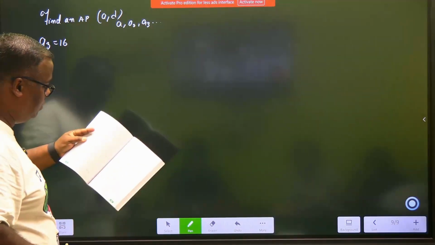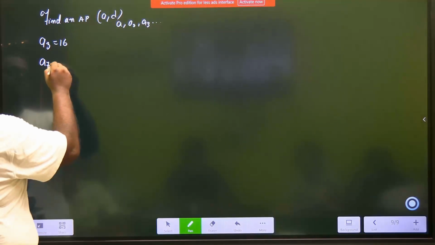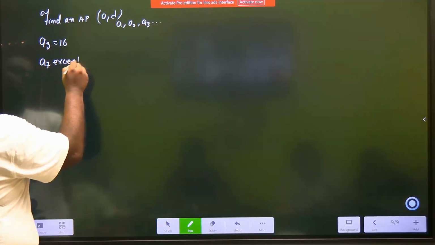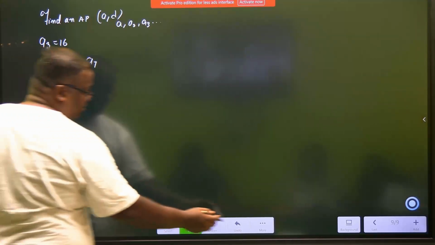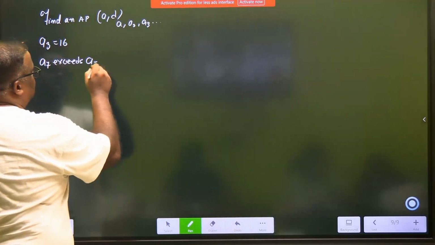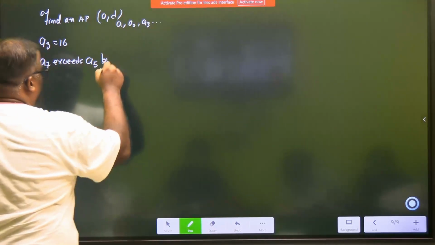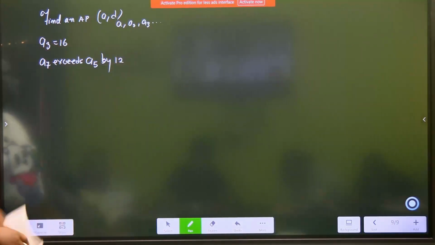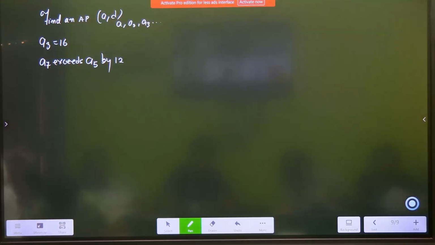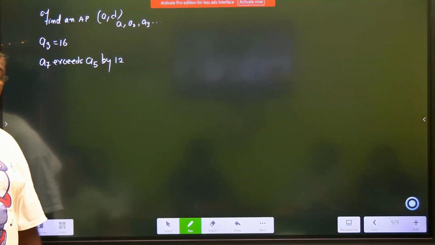I'll write the language: the seventh term exceeds the fifth term by 12. What do you mean by this? Seventh term exceeds, meaning the seventh term is bigger, so here the D will always come as positive.